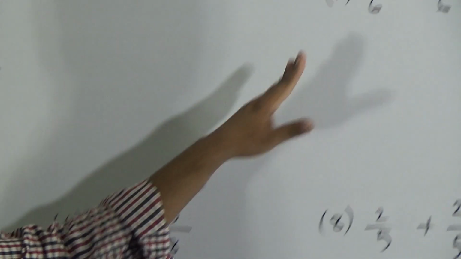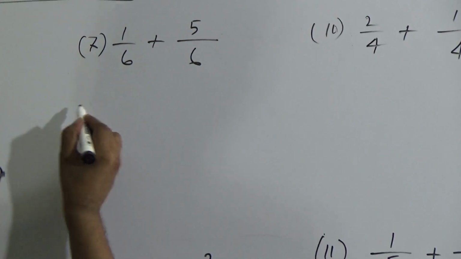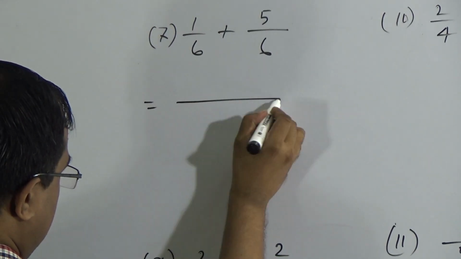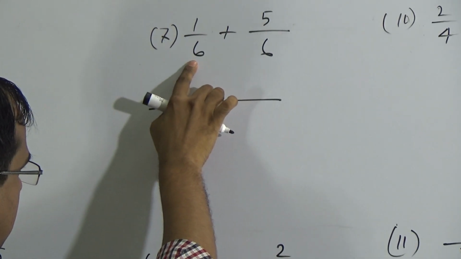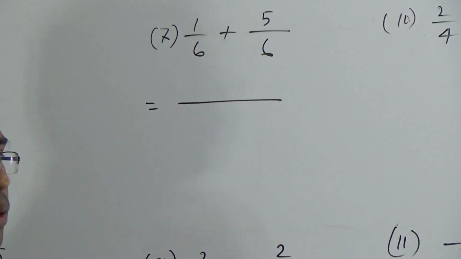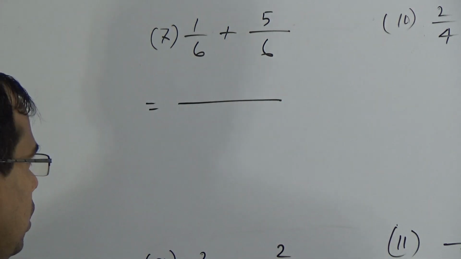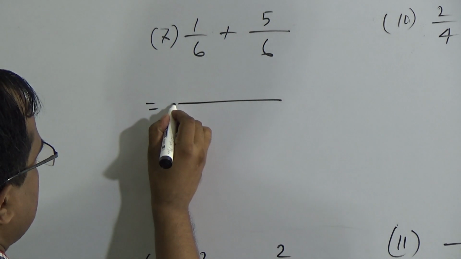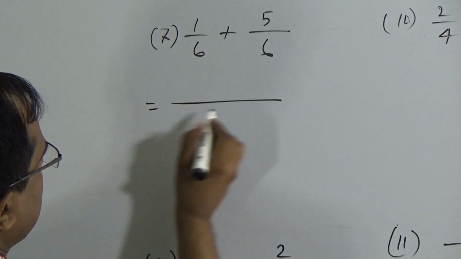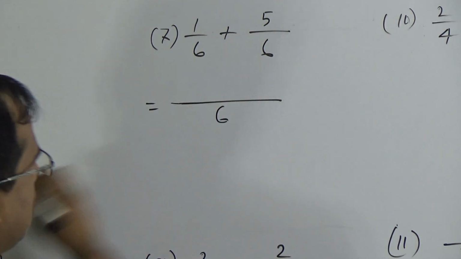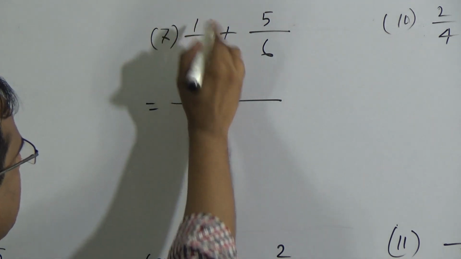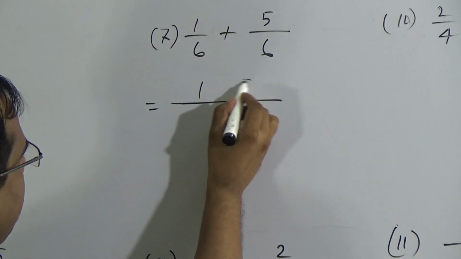Okay, dear students, now we'll solve number 7. First fraction's denominator is 6, second fraction's denominator is also 6. So the denominator of the fraction obtained after addition will also be 6. Now we'll write these two numerators 1 and 5.